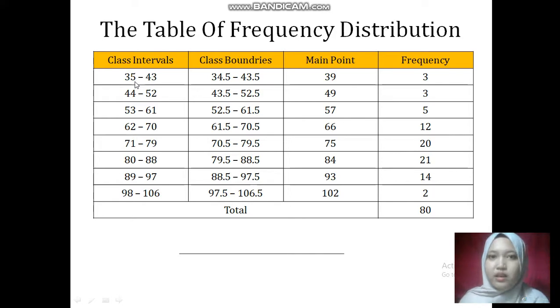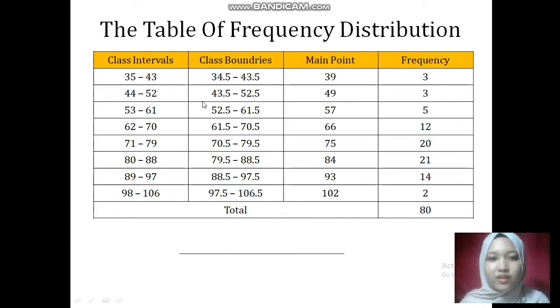Because the class width is 9, it becomes 35, 36, 37 until the ninth value, and we can find 43. And also, many classes is 8, so there are 8 class intervals right here.